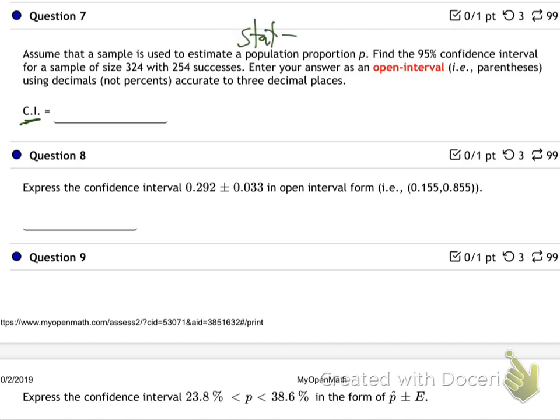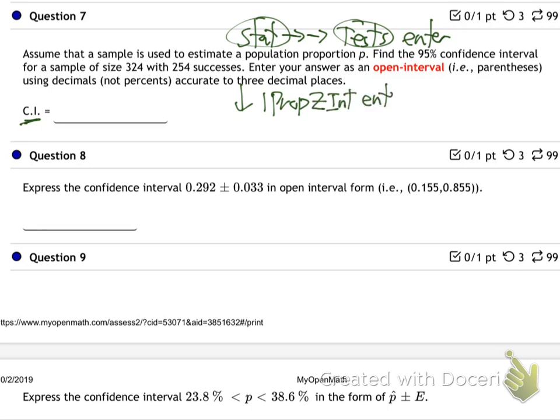Go to stat, go over to tests, hit enter, go on down to the, whatever it's called, the one prop Z interval, and hit enter. And then it'll ask you for an X and an N and a C level. So what's our X? So what's X on this one?